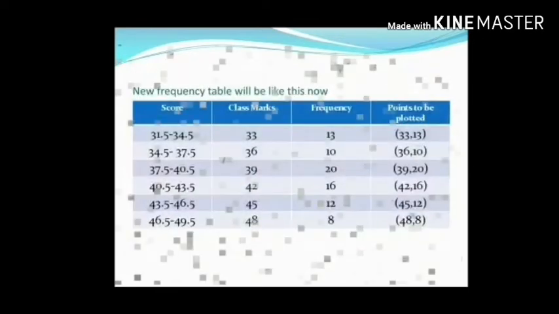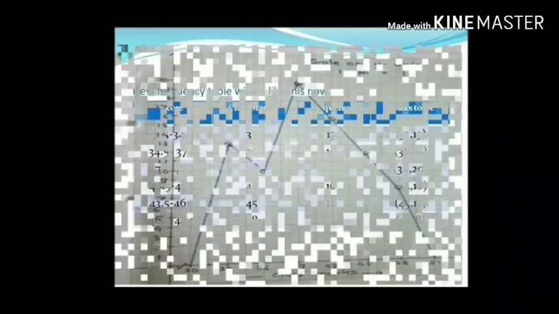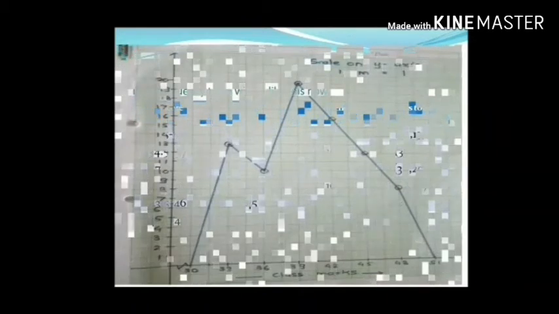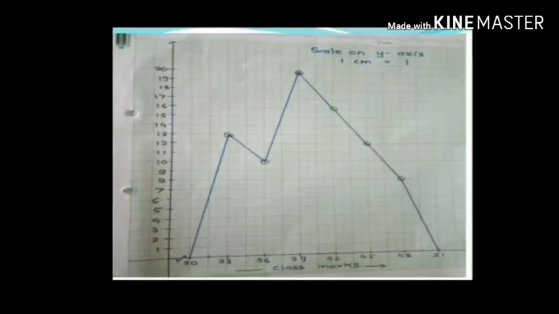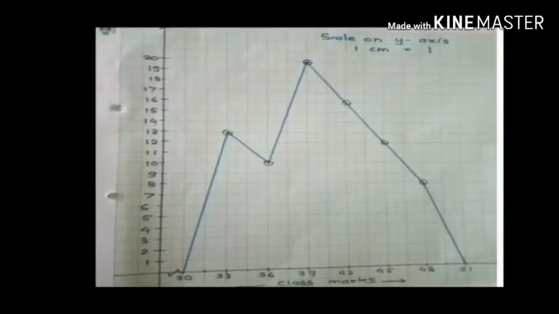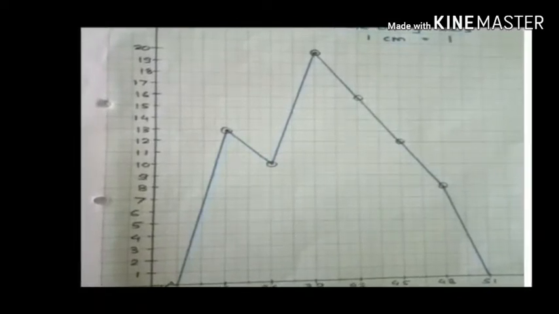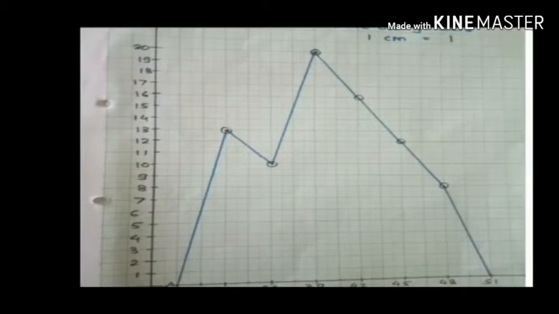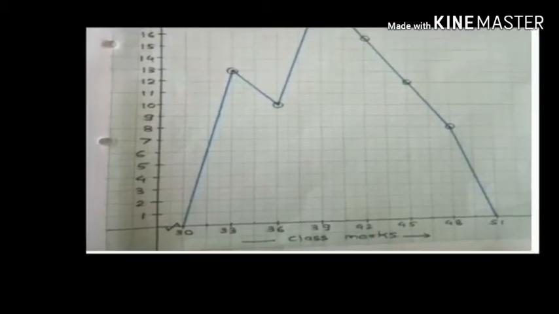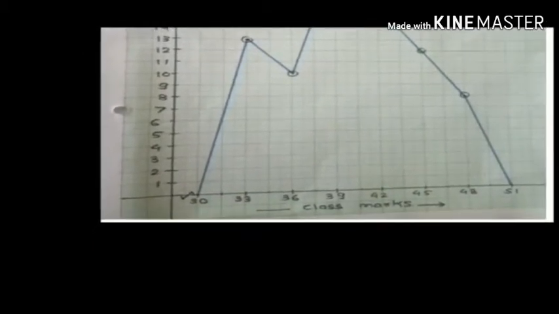Then one more thing we have to do is find the class marks. The class mark is upper limit plus lower limit divided by 2. So here now the new intervals would be 31.5 to 34.5 and so on, and hence the class mark for this first class will be 33.